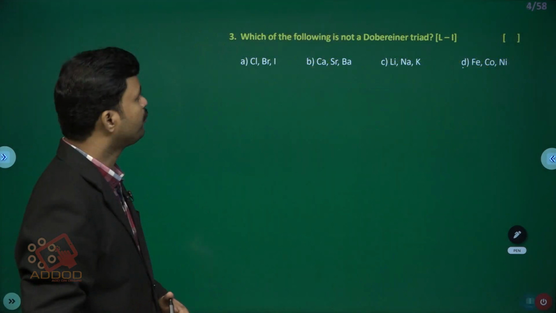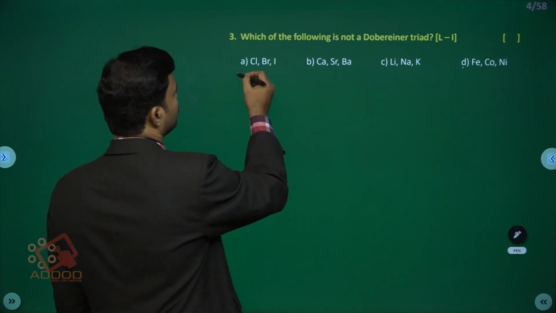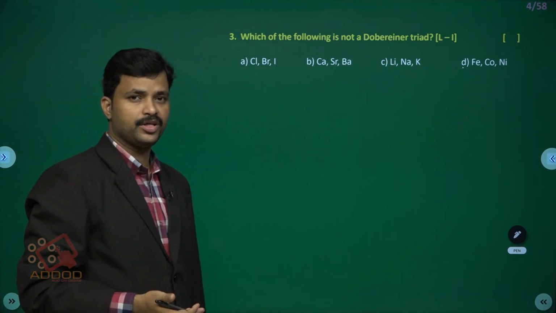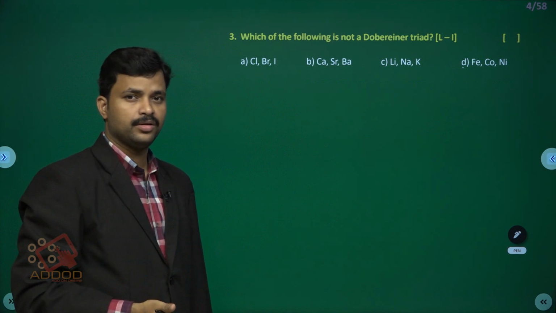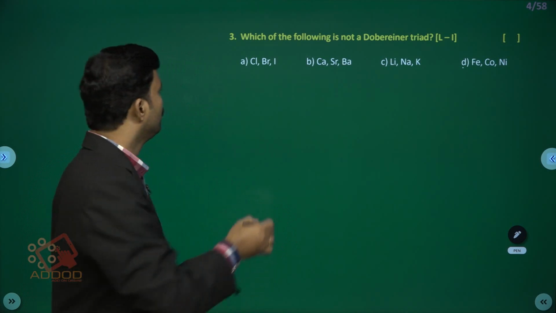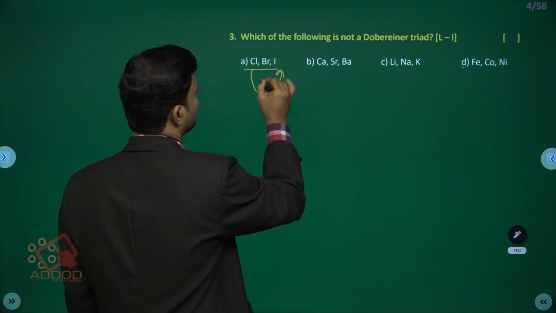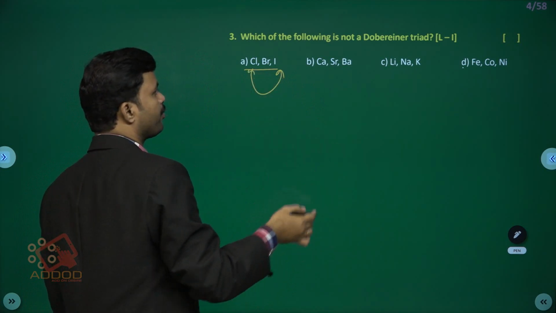Which of the following is not a Dobereiner triad? This is a memory point, where we have studied Dobereiner triads. Chlorine, bromine, iodine is a triad, because the atomic masses match and they are a set of similar properties.